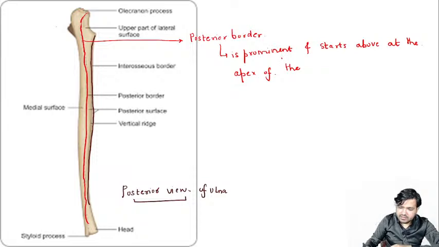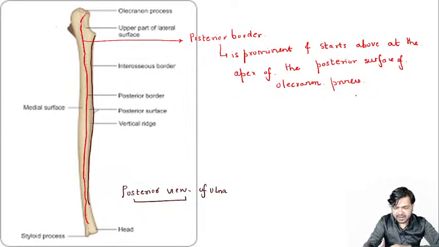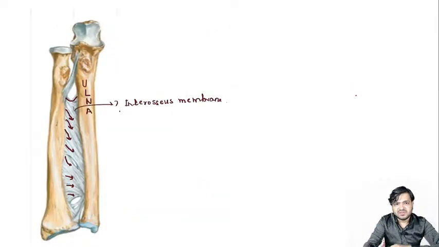Yeah, so it starts above at the apex of the posterior surface of the olecranon process. Okay, so yeah, you just have to remember this particular point regarding the posterior border.